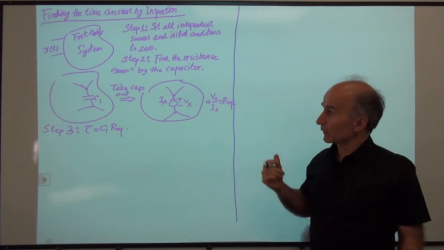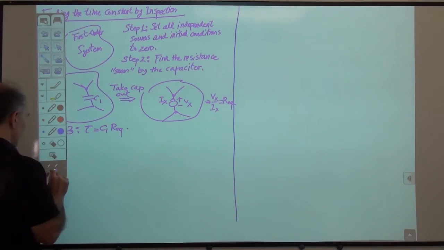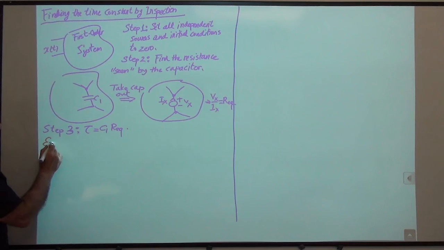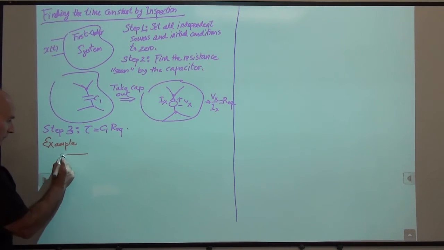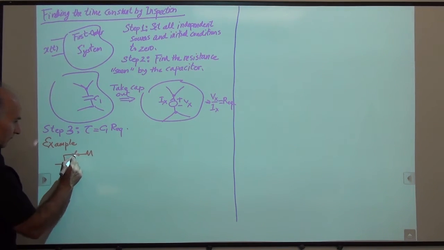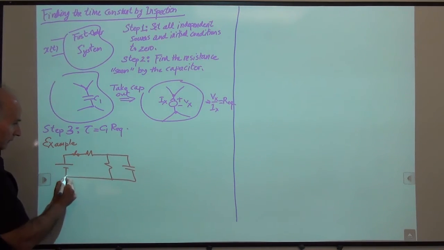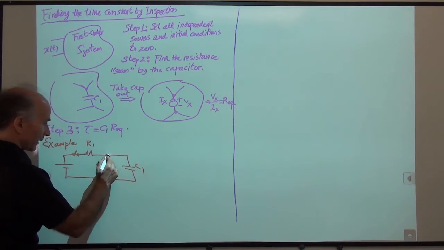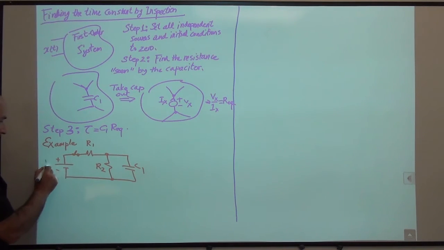All right, so let's look at an example to see how all of these come into play. We go to the previous example and see how this can be applied. So this is what we saw. We had a little voltage divider connected to a capacitor. We had a voltage source here, V1.